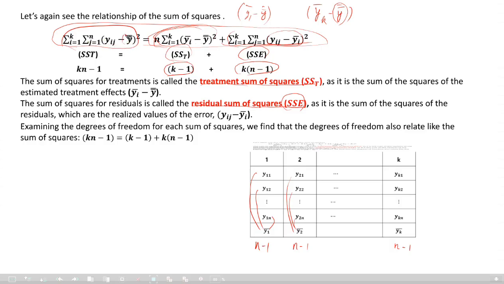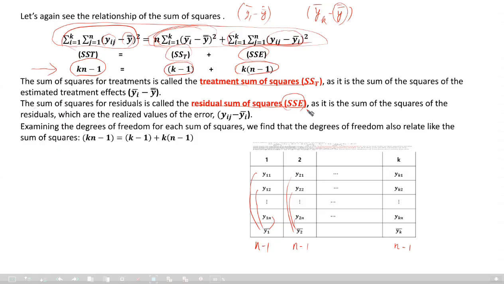But y double bar is the mean of the yij's, so kn minus 1 degrees of freedom. So the total degrees of freedom, kn minus 1, is the degrees of freedom of treatment plus the degrees of freedom of residuals. So there exists a relation of degrees of freedom.